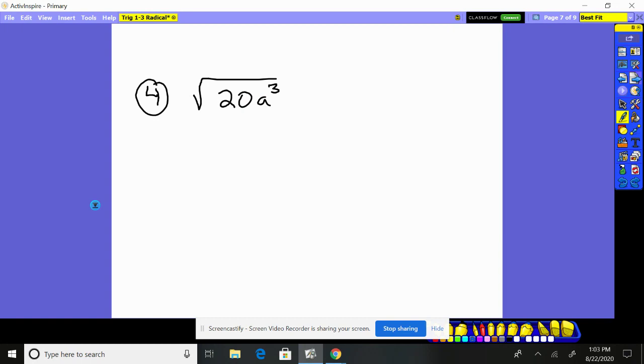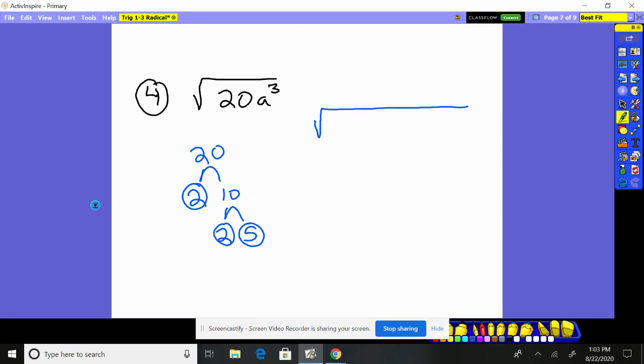Let's say we have one that we want the root of 20a to the 3rd. Well, the first thing, I've got to break it down. Well, I'm going to have to break 20 down. 20, I'm going to go with 2 and 10. And then 10 will go to 2 and 5. So we know that the 20 is a 2 times 2 times 5 times a to the 3rd is a times a times a.